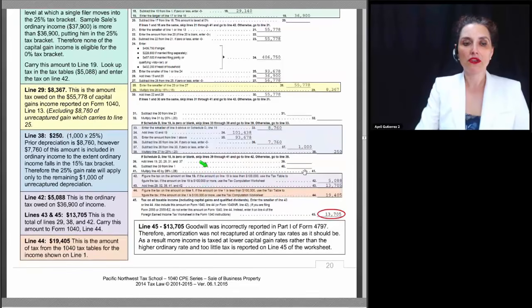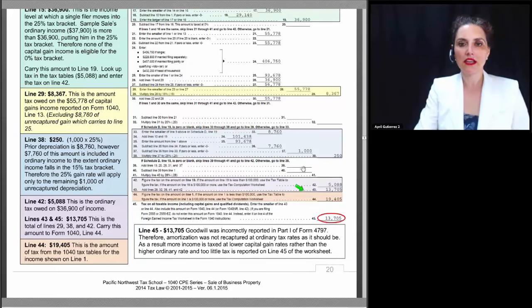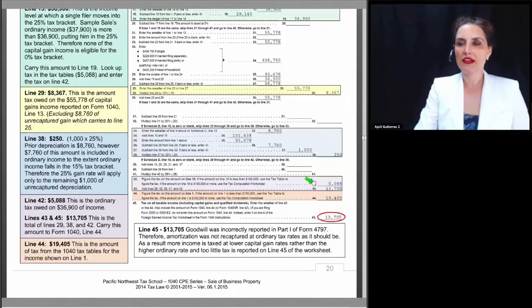Then on line 42, we figure the amount of ordinary tax owed on $36,900 of income. When we do that, we get $5,088. And then on line 43, we enter $13,705, and this is the total amount from line 29, which is the capital gain amount, line 38, which is the Section 1250 tax, and line 42, which is the tax on the ordinary income.